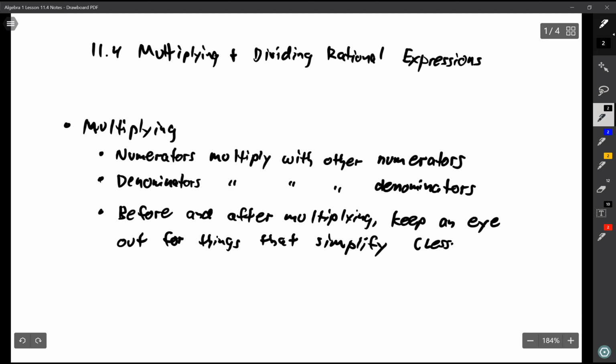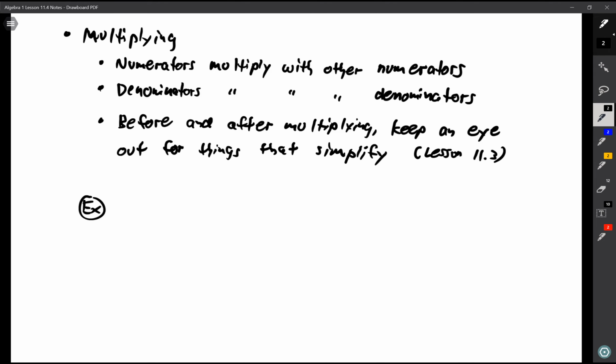Here is our first one. Oh, I gotta flip back a page. Hold on a second. There we go.